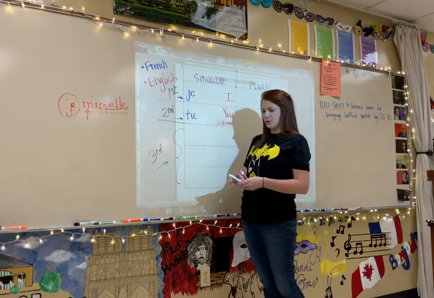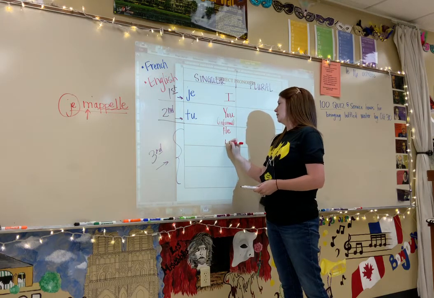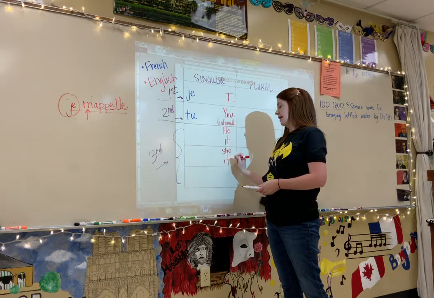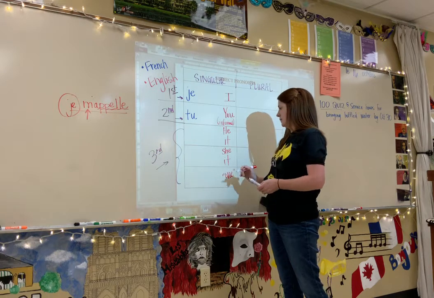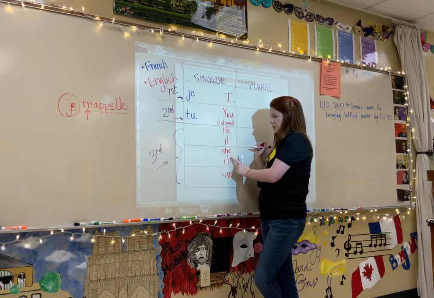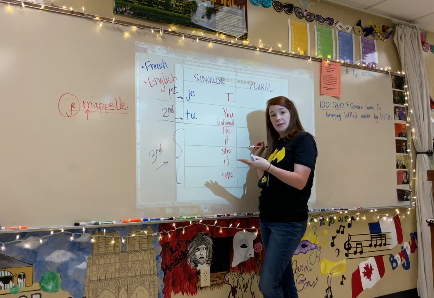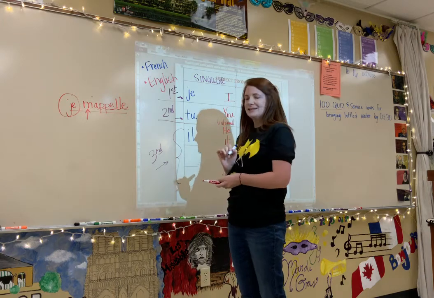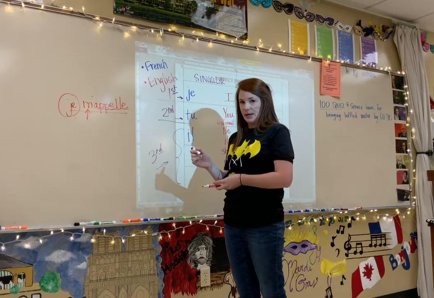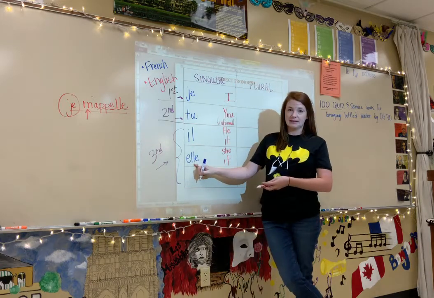So the other side, your third person pronouns, you have he and it. Then you have she and it. And then you have this one, and I'll get to that one in a minute. But the reason you have two different ways to say it is because you have masculine and feminine nouns. So to say he, you would say il, like il s'appelle. For she, it's elle, as in elle s'appelle.